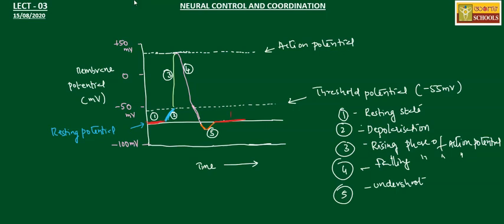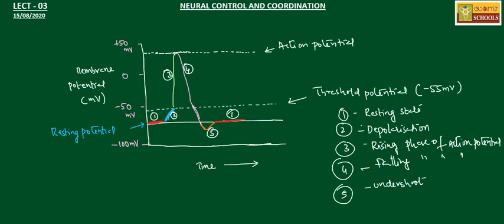So that comes back to the resting potential. So again, if a threshold value is reached, again there is an action potential, the rising of the action potential, and this is how we see it in a graph.